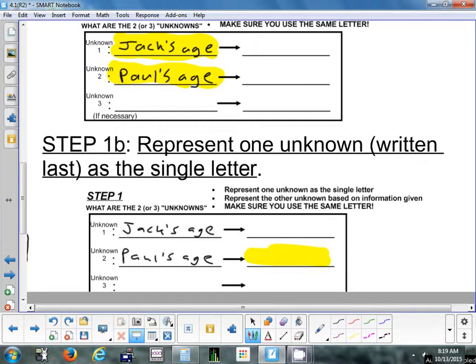Something that we could easily remember that this letter means Paul. Yeah, P. I would generally try to use the first letter of the person's name, unless their name begins with something that looks confusing, like if you had the name Lynn and began with an L. Be careful your L's don't look like ones. So what did we decide on for Paul's age? P.